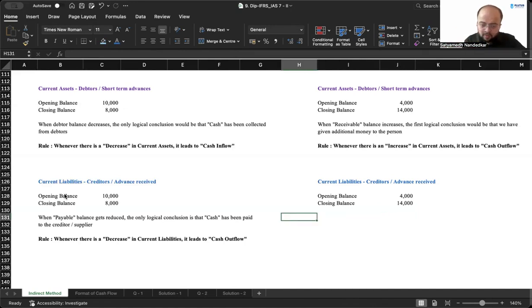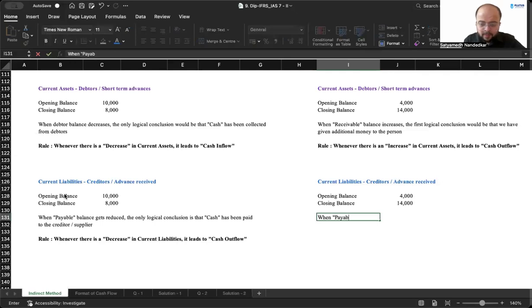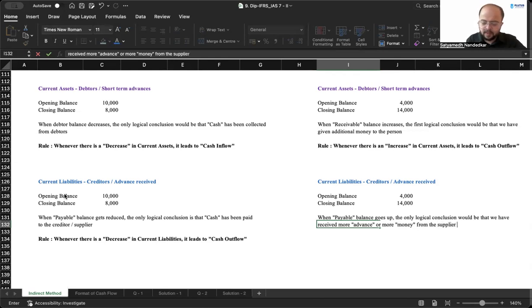went up. So, whenever the payable balance goes up, the only logical conclusion would be that we have received more advance or more money from the supplier.